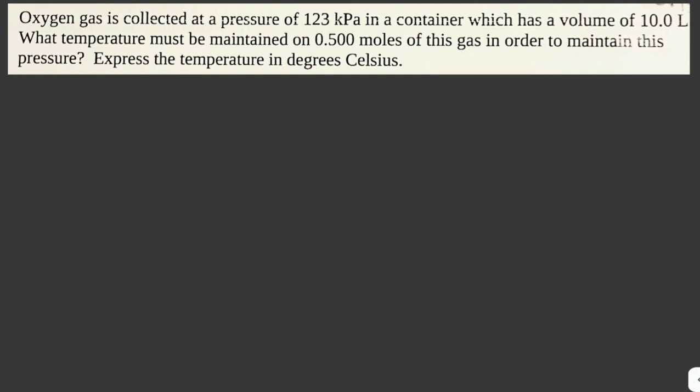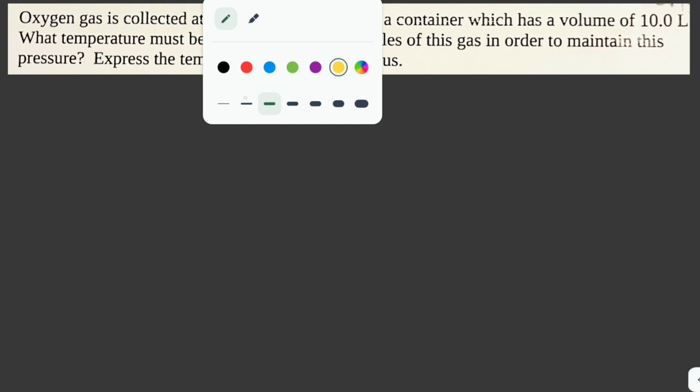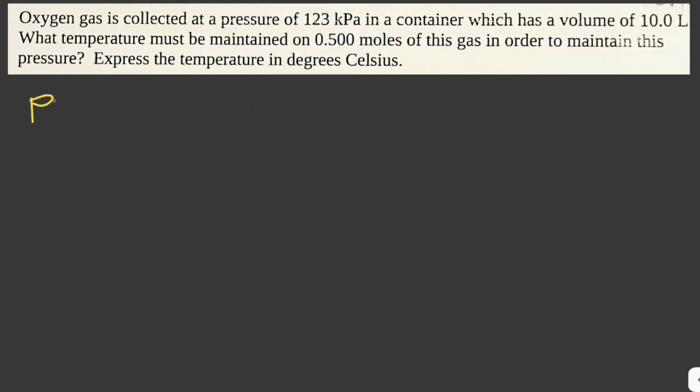So to solve this problem, we use the ideal gas law. The ideal gas law is just PV equals nRT, where P here is the pressure, V is the volume, n is the number of moles, R is the gas constant, and T is the temperature in Kelvin.